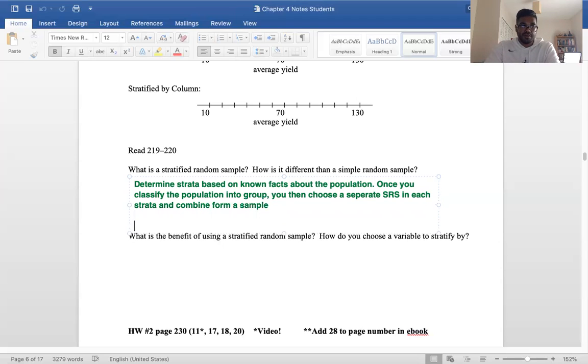Okay, so best example of this is going to be dividing the high school by class, right? So you have freshman, sophomore, junior, senior, right? And then you take an SRS, a simple random sample of 50 from each class, okay?